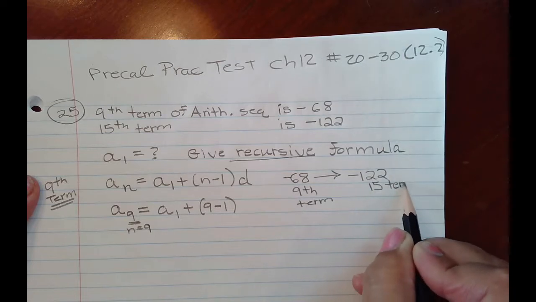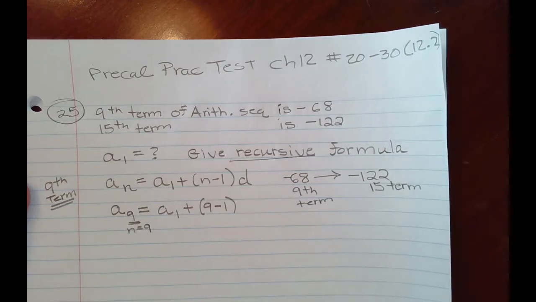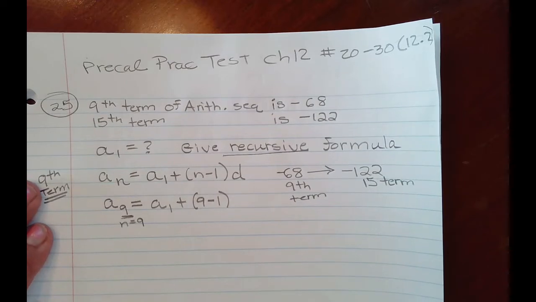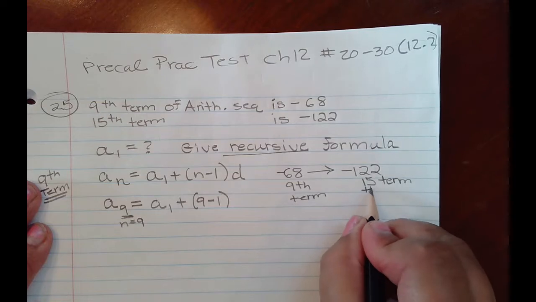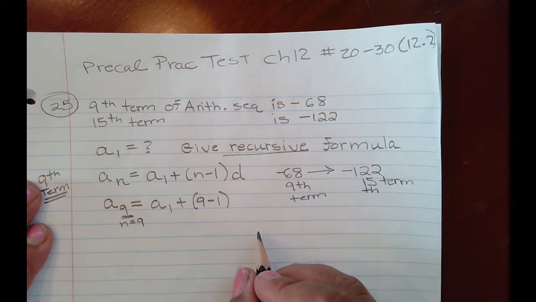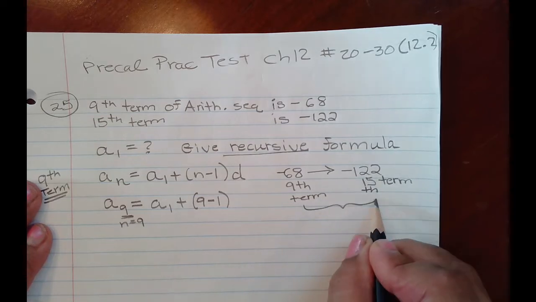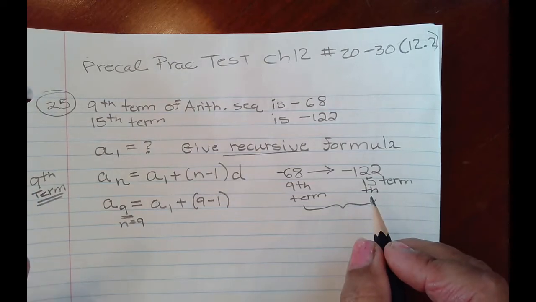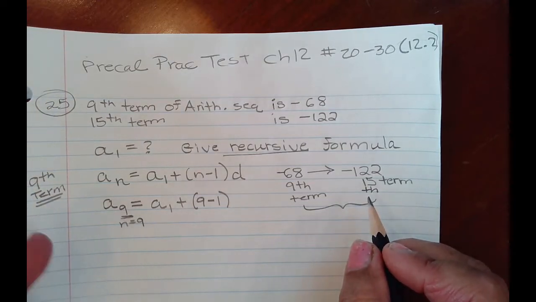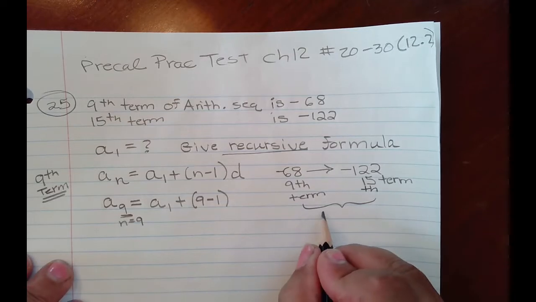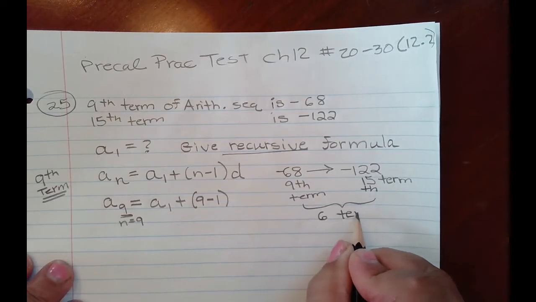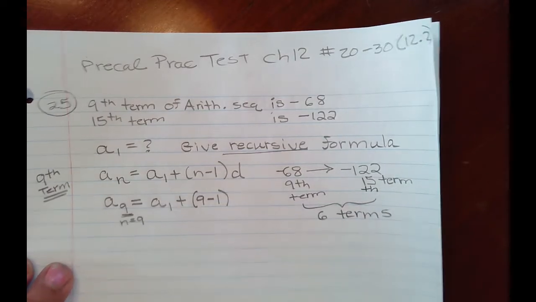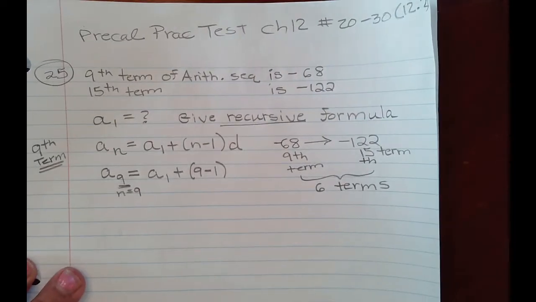So think about how many terms, how many spaces are you moving as you go from the ninth term to the 15th term. Okay, you're going to the 10th term, the 11th term, the 12th term, 13th term, 14th term, 15th term, you are moving through 6 terms or 6 spaces.